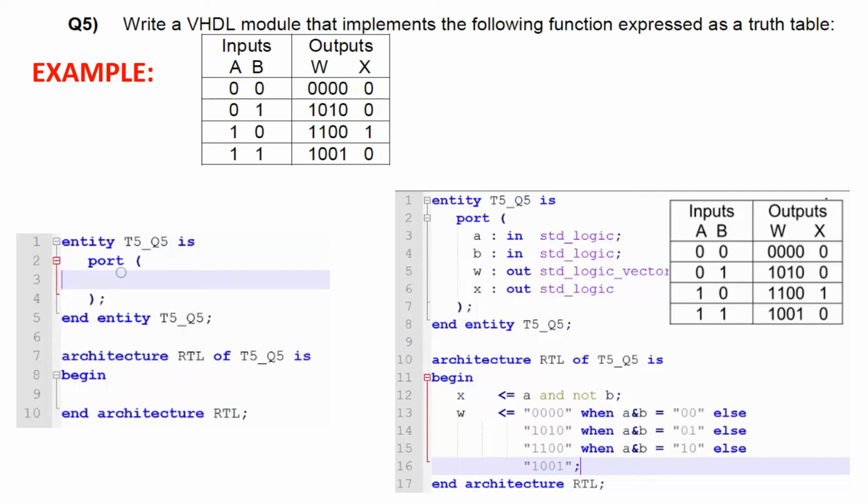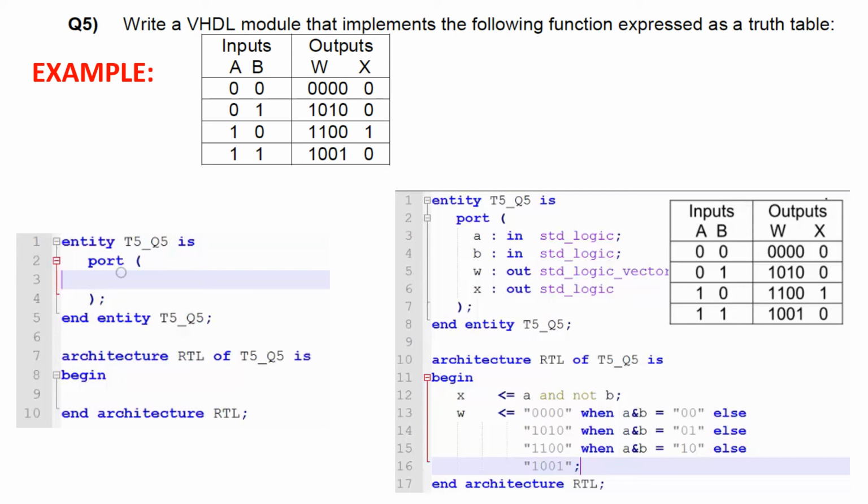Then within the architecture, after begin, you write your main code. If you look here, you're expecting X and W in terms of A and B, right? So you need to make a relationship between X and A, B, and W and A, B, so that you get the expected output based on your input.